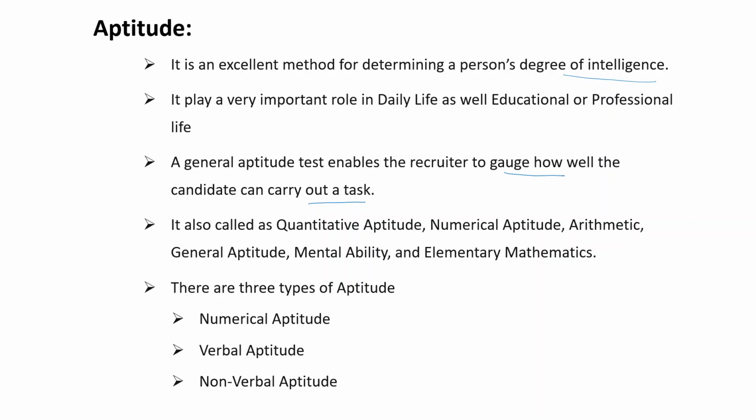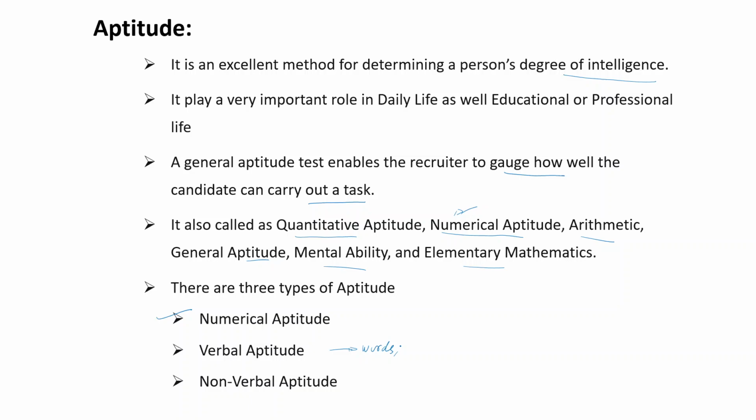There are a lot of names for aptitude. We can call it quantitative aptitude or numerical aptitude. Numerical means we are dealing only with numbers, arithmetic, general aptitude, mental ability and elementary mathematics. Mostly in this course we are dealing with numerical aptitude. There are two other categories, verbal aptitude and non-verbal aptitude. Verbal aptitude deals with words and letters.